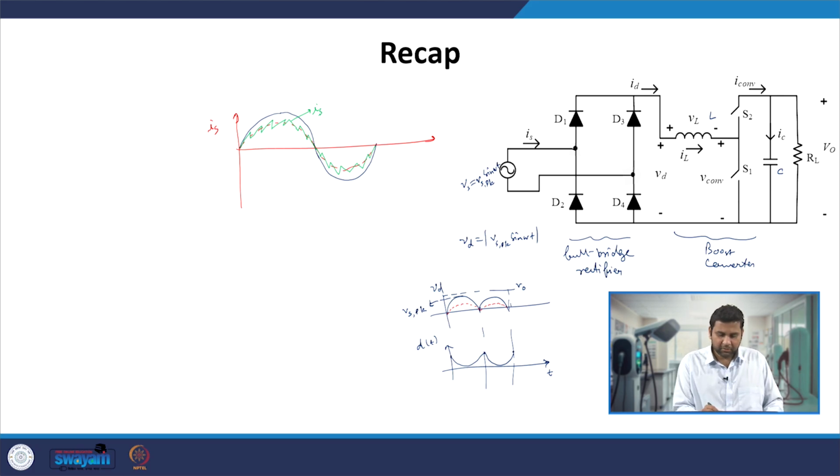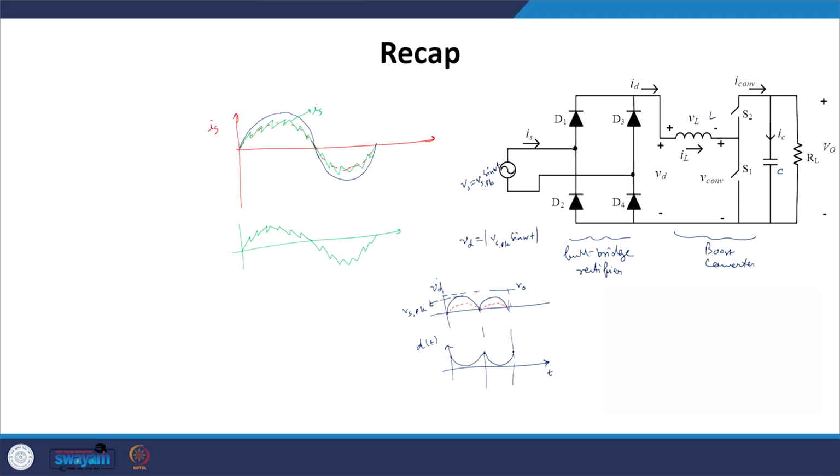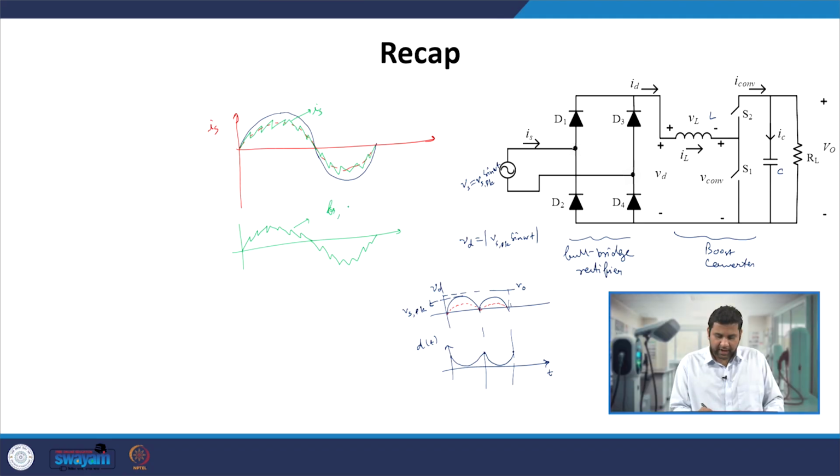So this Is current, which looks something like this, will have the line frequency component Fs, and then the switching frequency component FSW.